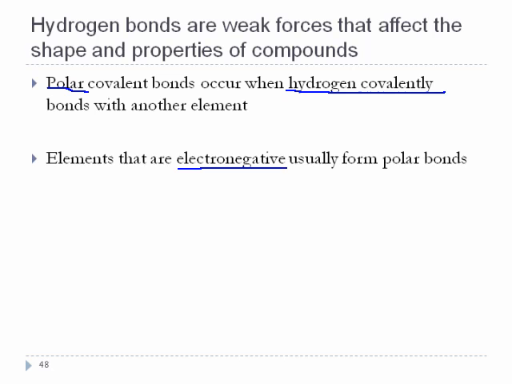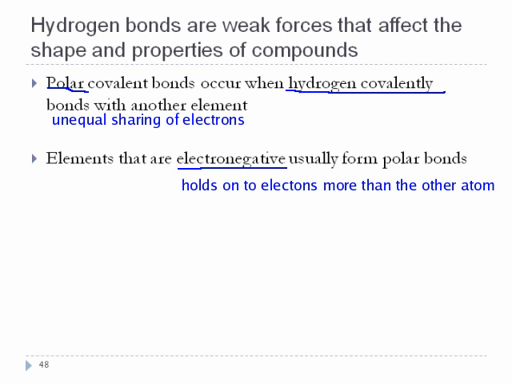So the electronegative piece means that it holds on to the electrons more than the other atom. And that other atom is usually hydrogen. And so remember, polar means unequal sharing of electrons. So if we have this electronegative element that holds on to the electrons, that sharing is going to be unequal. And that is going to set up hydrogen bonds.